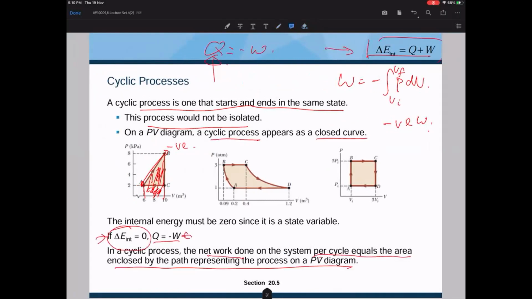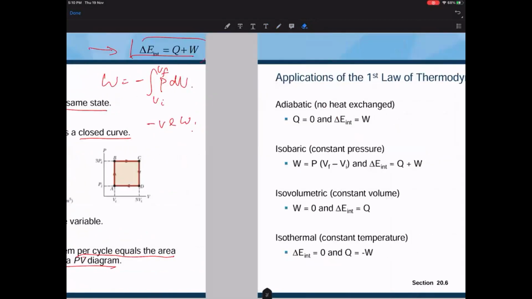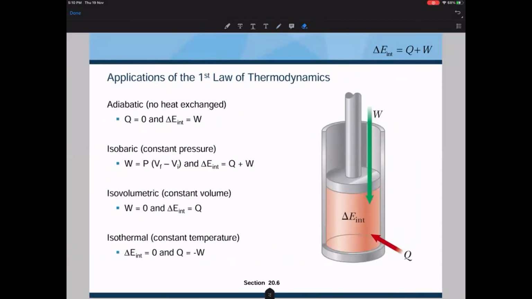It could be a triangle, it could be the funny shape in the middle, or it could be a square. So different processes would give you different cycles, and that would give you different work done. So it is important to know what are the single processes that form a cyclic process.